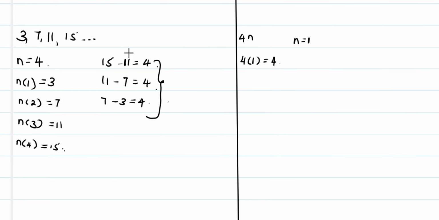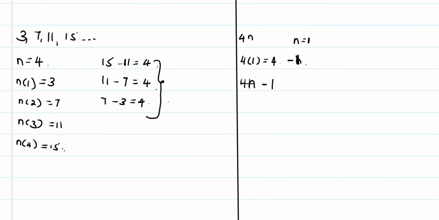But you see, the first term is not 4, it is 3. So we ask ourselves, what do I either subtract or add to 4 to make it 3? In our case, if we have 4 and we want it to be 3, we need to subtract 1. So now our complete nth term becomes 4n minus 1.